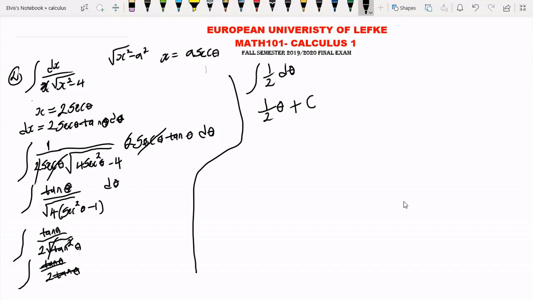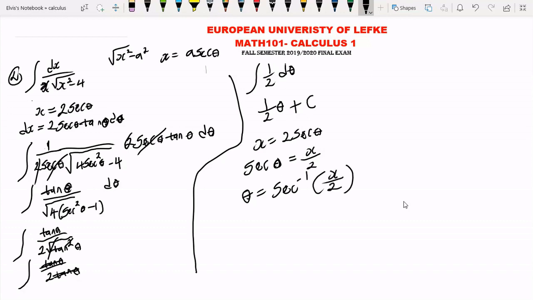Guys, make sure you don't stop here. You always need to replace the value of theta. We know that s is equal to 2 secant theta, so we're going to solve for theta. We divide both sides by 2, so secant theta is equal to s over 2. So theta is equal to secant inverse of s over 2.